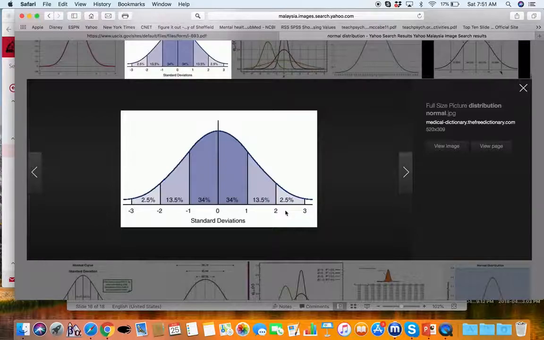So a lot of times the people who make the tests use your standard error of measurement to calculate what we call confidence intervals, to give users a sense of how much confidence you can have that a score truly is the score that you're seeing.